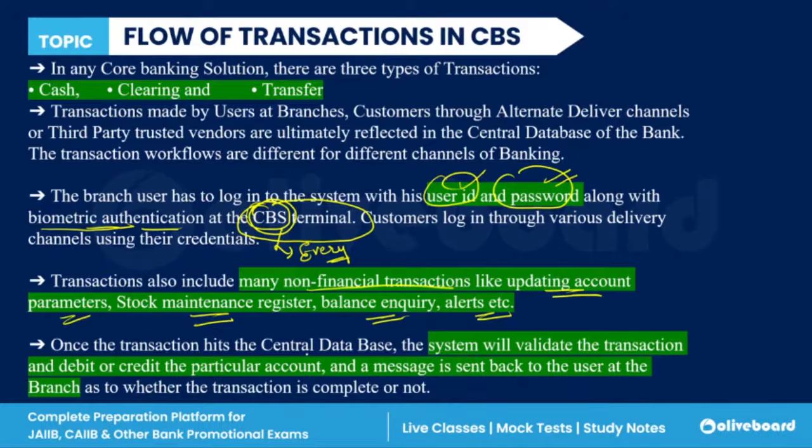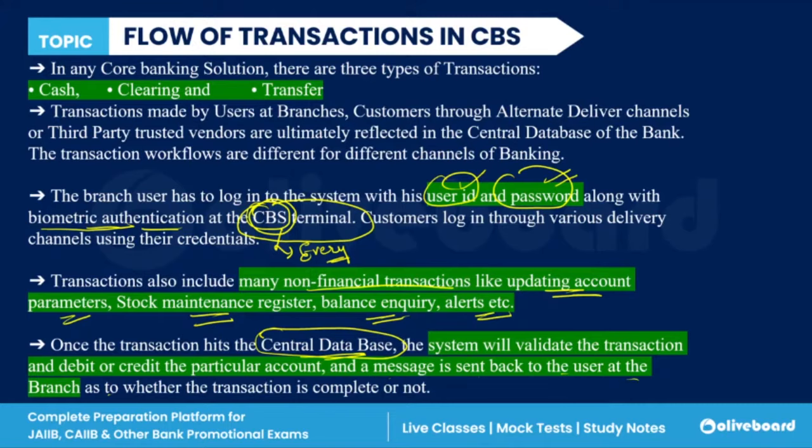So once the transaction hits the central database, the system validates the transaction and debits or credits a particular amount, and a message is sent back to the user at the branch. All the branches are connected to what? All the branches are connected with the central database.